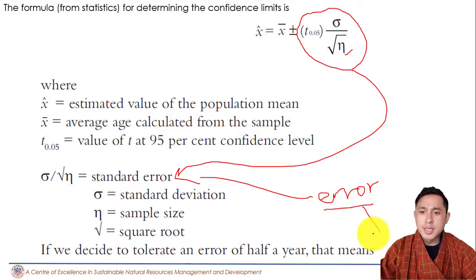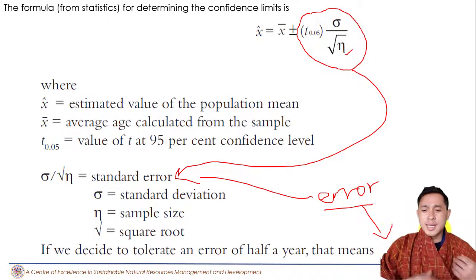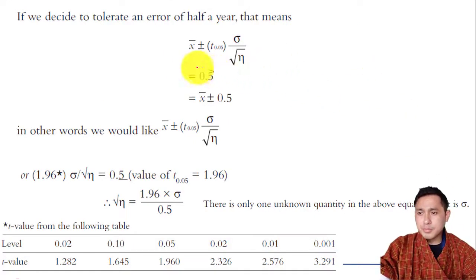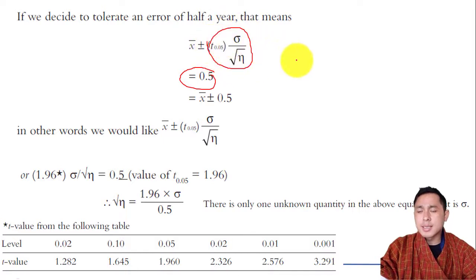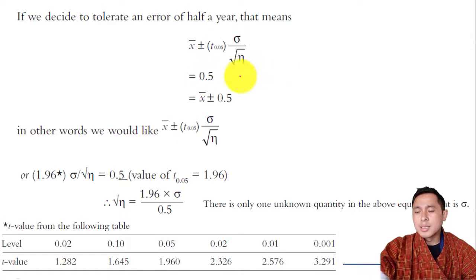Then we already know that the error we need for our calculation of average age is 0.5 years. So that's our error, and we'll just replace the error here. If this is the marginal error or the standard error, equal to 0.5, then in this formula we can replace it, so we just have the simple mean and the margin of error.